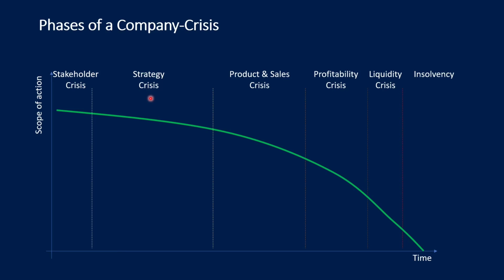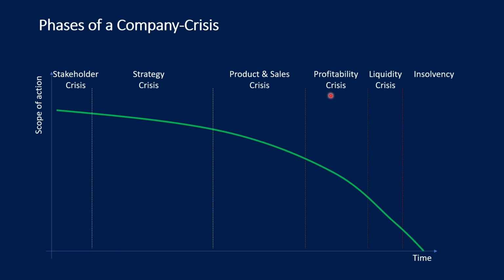Due to the strategy crisis, sooner or later, the company will run into a product and sales crisis, which means that the company cannot sell its products or services at a decent price, which leads to a profitability crisis, which means that the company is not that profitable anymore.